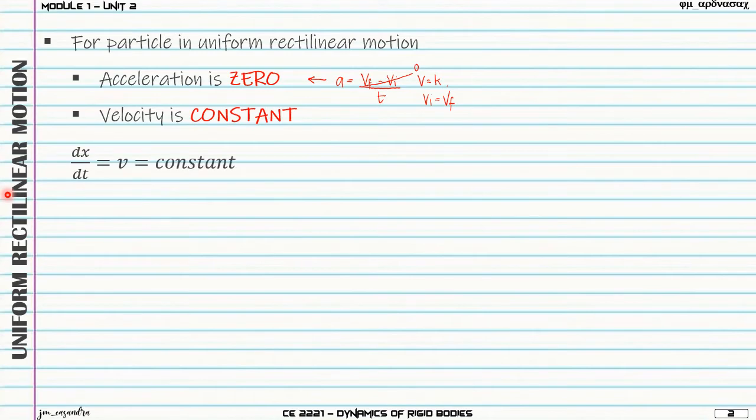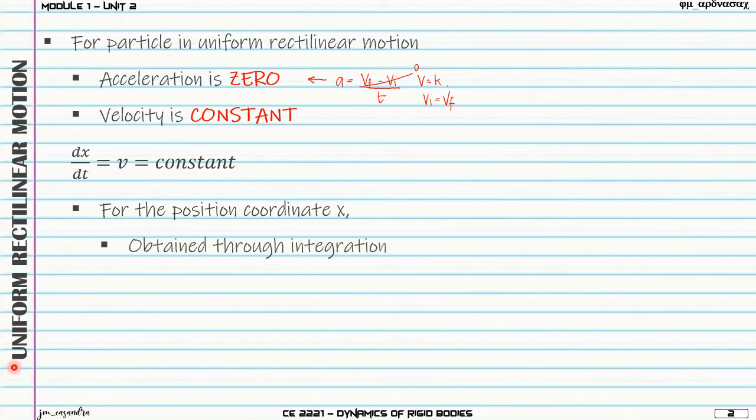So in calculus form, we'll have dx with respect to dt will be our v, and that will always be a constant value. So in that manner, for the position coordinate x, we now compute this as the integral of the equation.